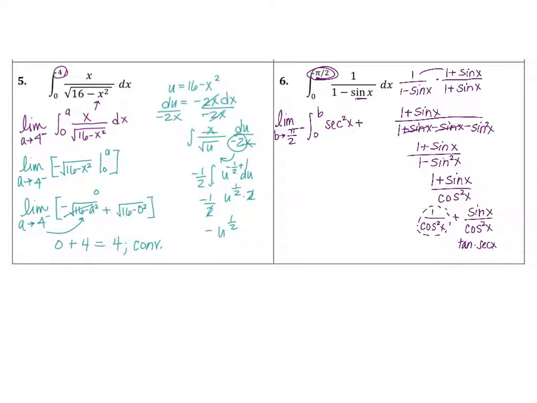So tangent x, secant x. And I'm out of room. All right, so when we go through this integration, we're going to have the limit as b approaches pi over 2 from the left of, and when we integrate this, if I integrate secant squared, do remember that comes back to be tangent x plus, and if I integrate tangent times secant, that is going to be secant x.